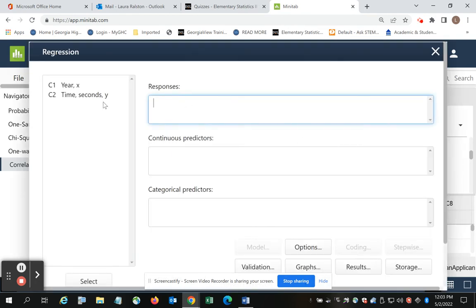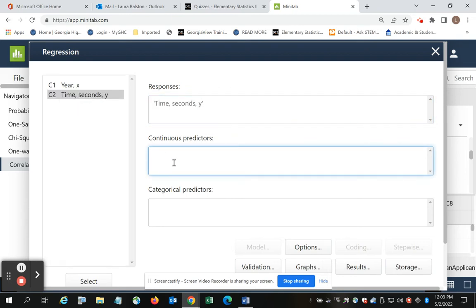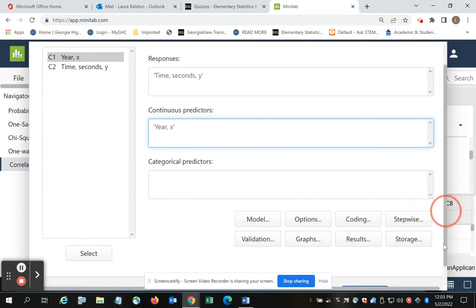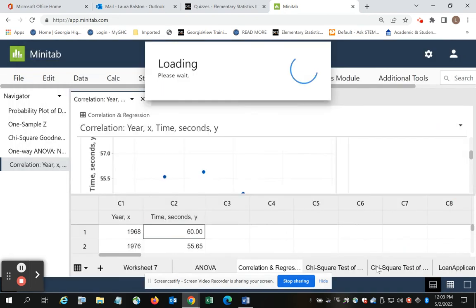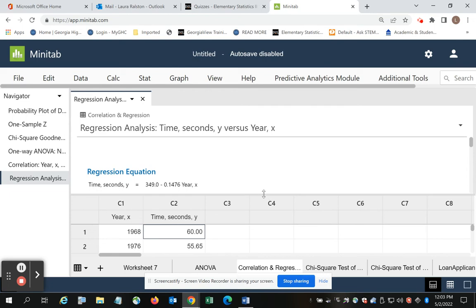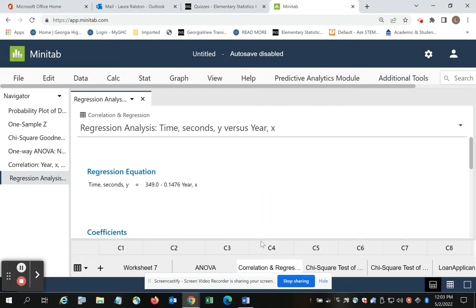My response is always the Y. My continuous predictor is always the X. And then I tell it OK. Now I get lots of information, but I'm looking for my test statistic and p-value.